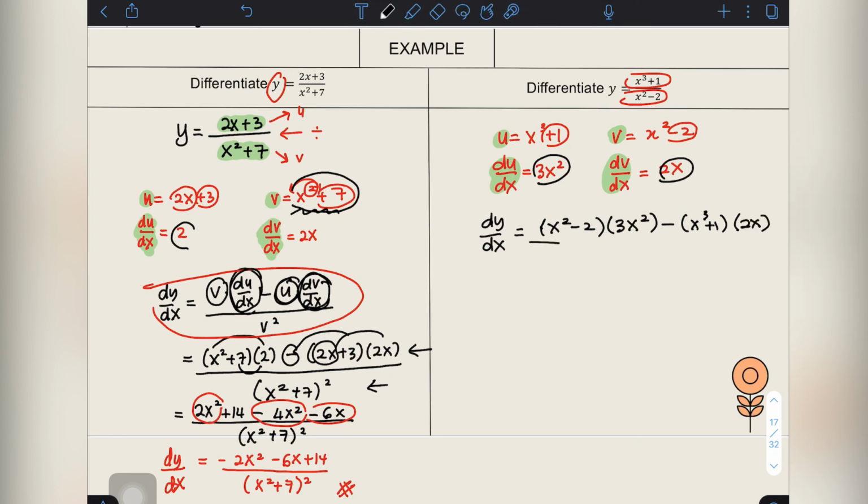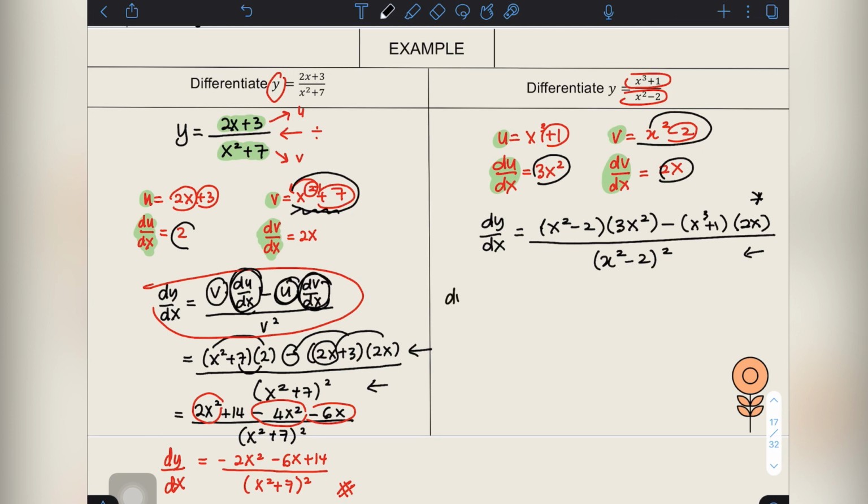Okay, divide by v to the power of 2. So your v is here, x squared minus 2 to the power of 2. Okay, and don't forget that no need to do anything to the one in the denominator. You just need to simplify the one in the numerator. By putting all the values inside the formula of quotient rule, you actually have done your differentiation process. The next process is only for simplifying your equation.